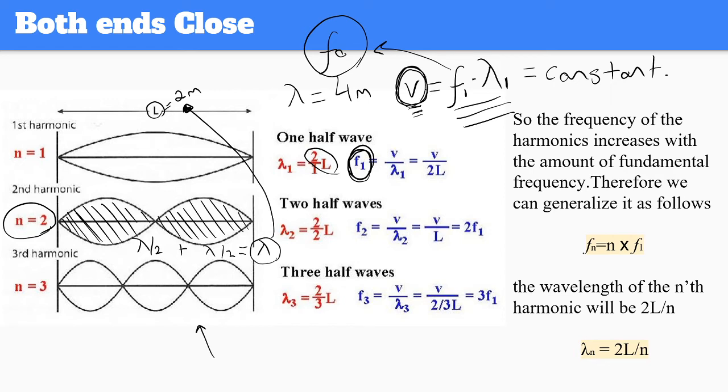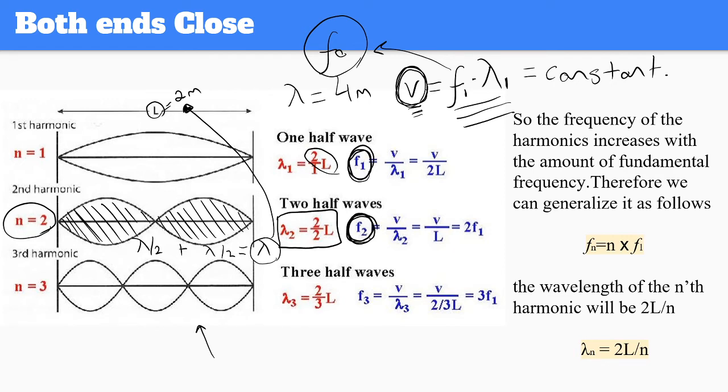Or my wavelength for the second scenario is actually directly equal to the length L. Alright, now let's revisit this equation. So now I have a second frequency that I can generate.